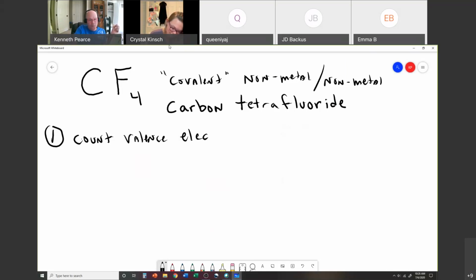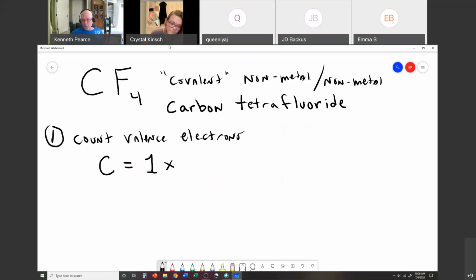All right. So how many valence electrons do we have? Well, what we do is we just work our way left to right. And I say carbon. First off, we say carbon. How many carbons do we have? I have 1. How many valence electrons does carbon have?